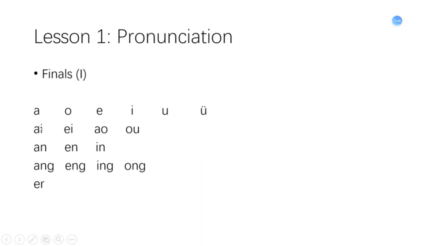This a and i combined together is read as ai. Again, ai. And this one, ao, ou. Again, ai, ao, ou. Okay, good. So this one is not a and i separately, it's not double vowels.